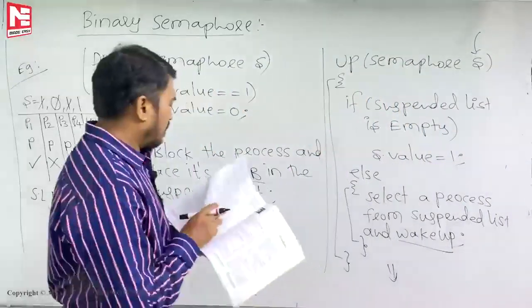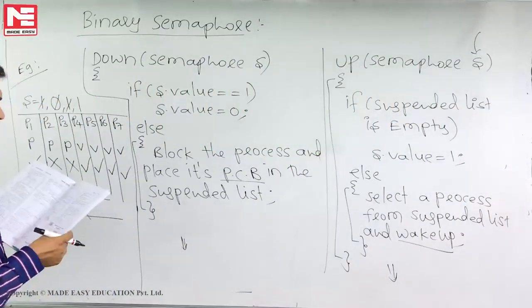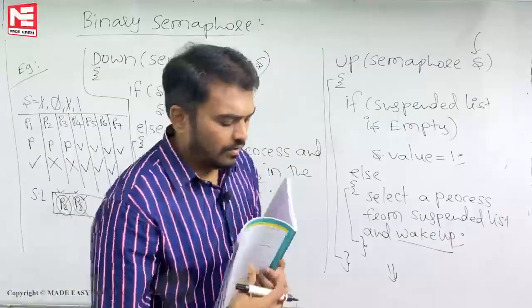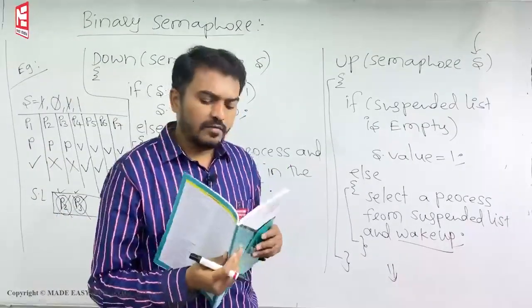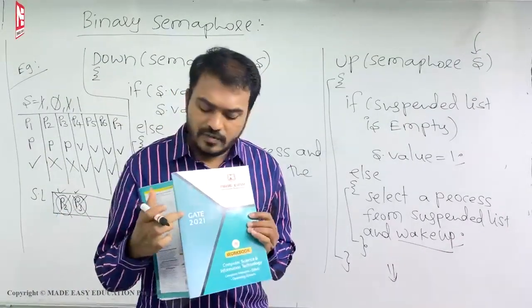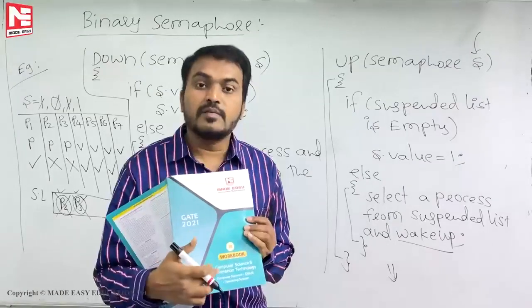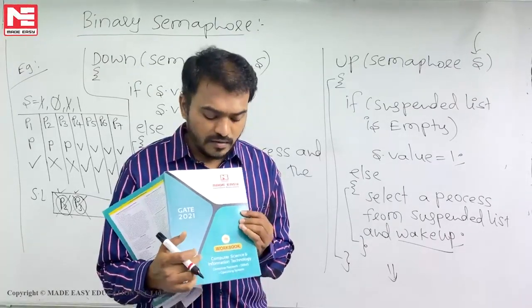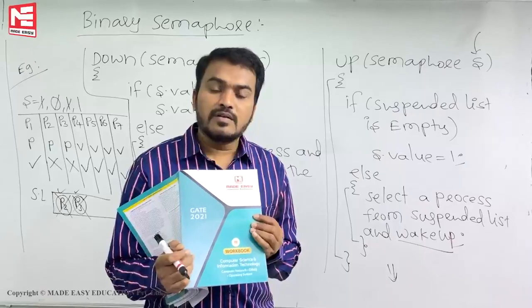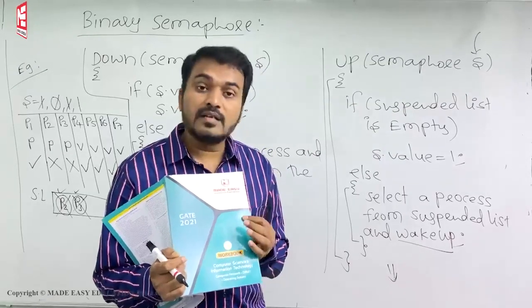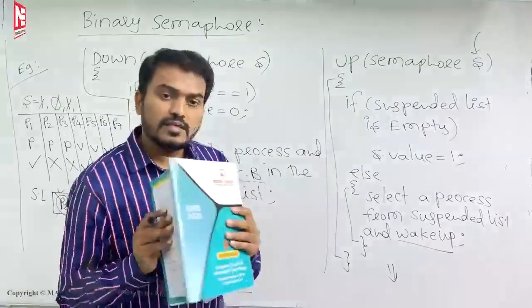Next, let's solve the question. Go to your workbook. Somebody was saying that the workbook is not matching. Remember, I am using this GATE 2021 workbook, so use the same workbook, don't confuse that, because if you use the previous year's workbook, some page numbers or questions may differ.